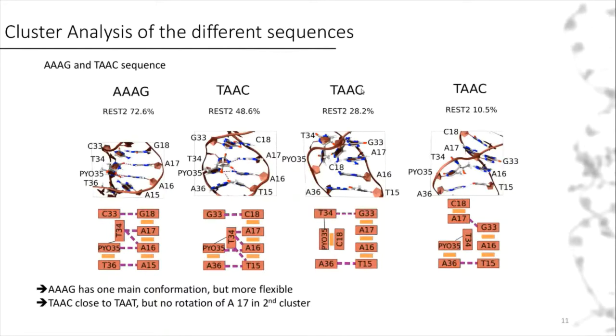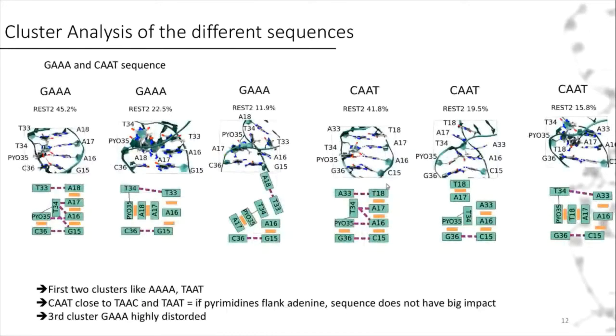And for the other cluster of TAC, it is similar to TAT, the only difference being that adenine 17 stays in pi stack with 16 and 33. And for GAA and CAT, for CAT we have the same clusters as for TAT and TAC.